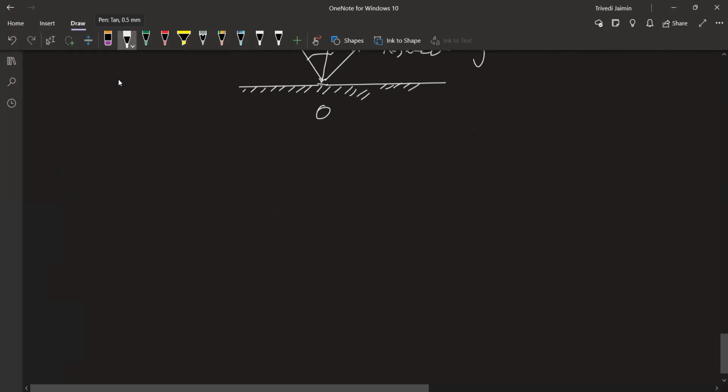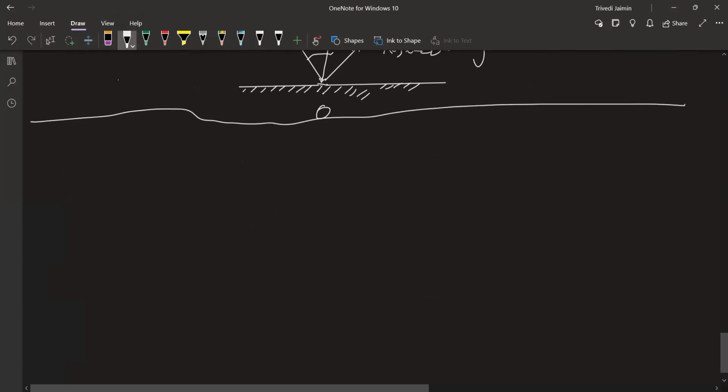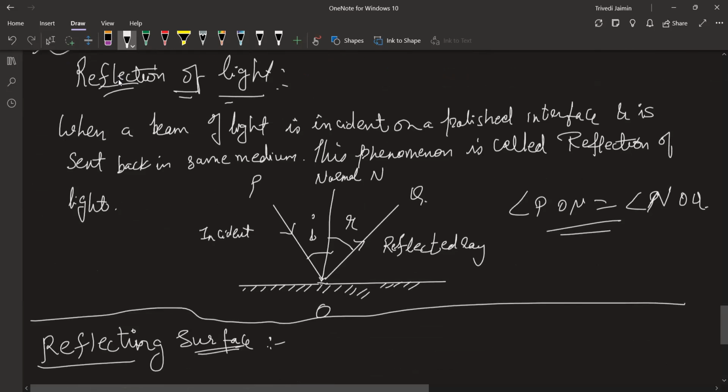Before going to the laws of reflection, first we'll study some terms related to that. That is the reflecting surface. Now by this reflection, can you tell me what will be the reflecting surface? From the same definition, can you make some statement for the reflecting surface?